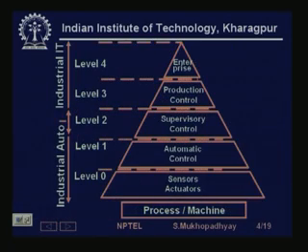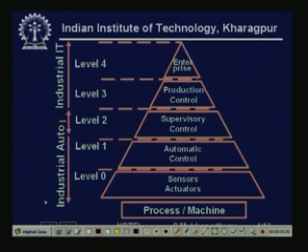Now let us look at the industrial automation pyramid as a whole. Why is it a pyramid? It is a pyramid because there are several levels, so it has a vertical dimension. We have the lowest levels of sensors and actuators, which directly interact with the process or the machine.